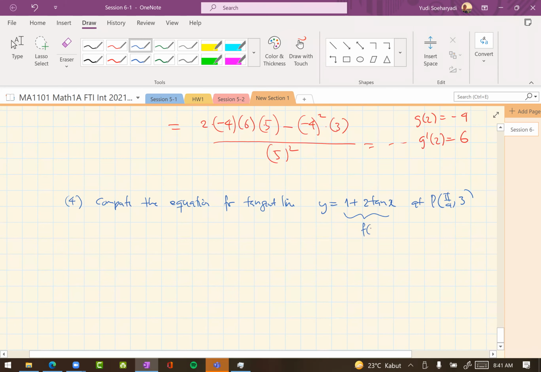So this is our f of x, and this slope is f prime computed at that point.